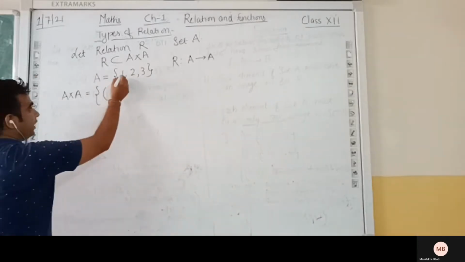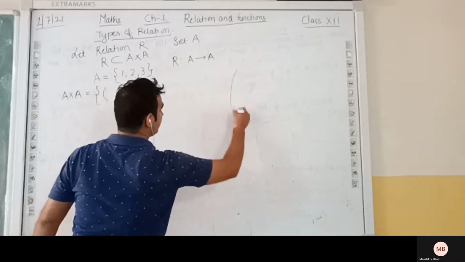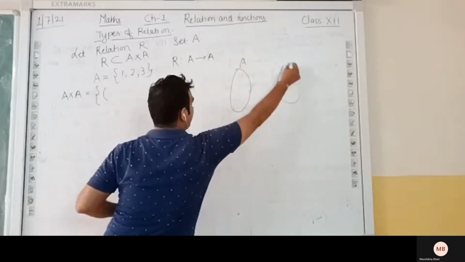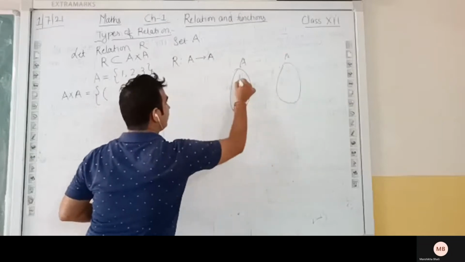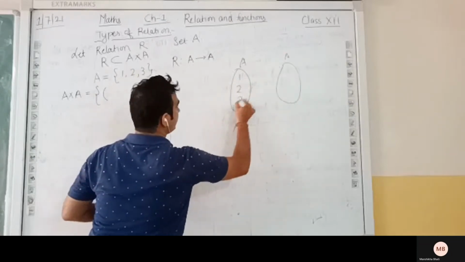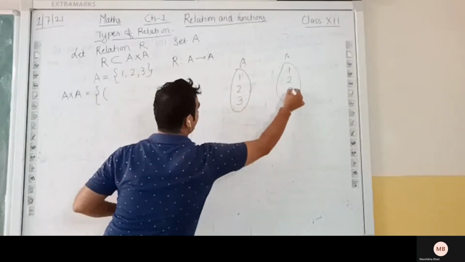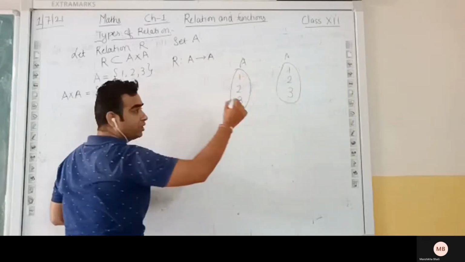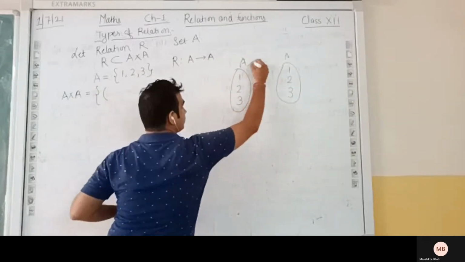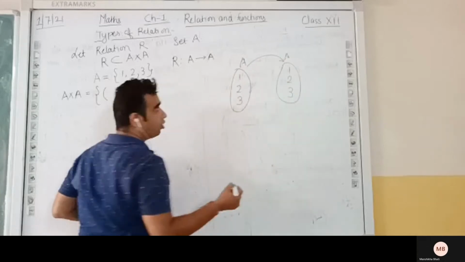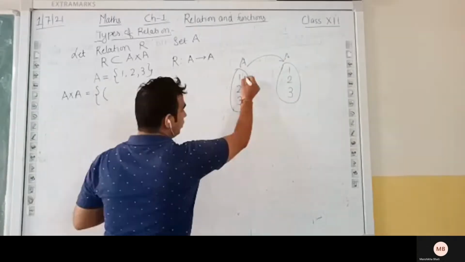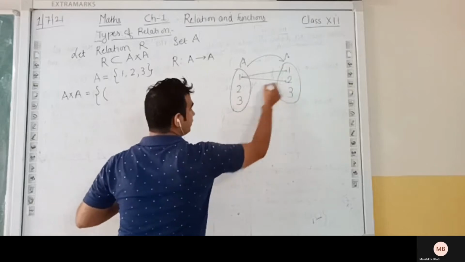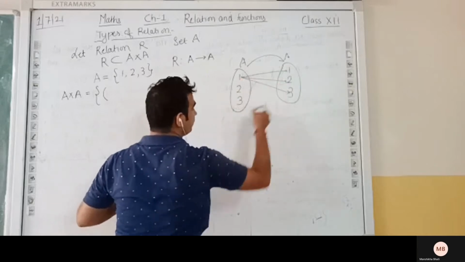Okay. So here if we make a diagram, this is the set A and here another set A. If we have written elements 1, 2, 3 and here we have written elements 1, 2, 3. So here we will be taking all kinds of possible relations from set A to set A. First, 1 will make the relation with 1, then 1 will make the relation with 2, then 1 will make the relation with 3.